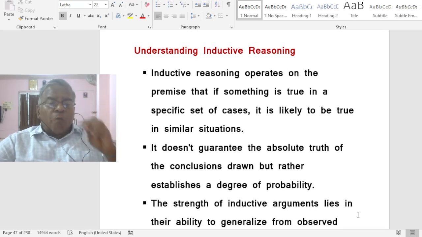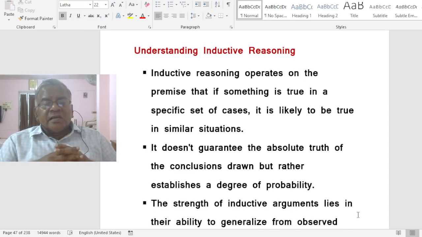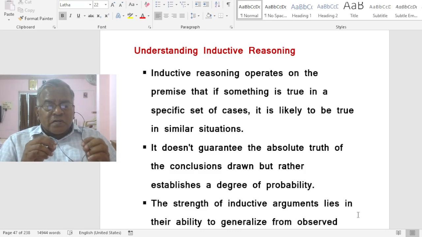Inductive reasoning operates on the premise that if something is true in a specific set of cases, it is likely to be true in similar situations.